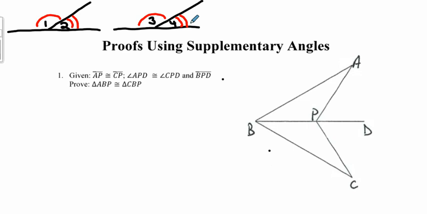This is a fairly simple idea to understand. It's a little more complicated and complex to write about in a proof. The congruent supplements theorem says exactly what we just said. It says that when two angles are congruent, their supplements are congruent.